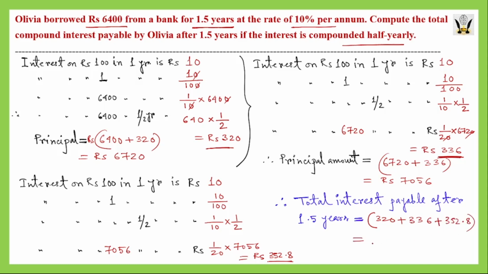So when we add all of them, that will be the total compound interest payable by Olivia after 1.5 years, and that amount will be 1008.8, so this much rupees.